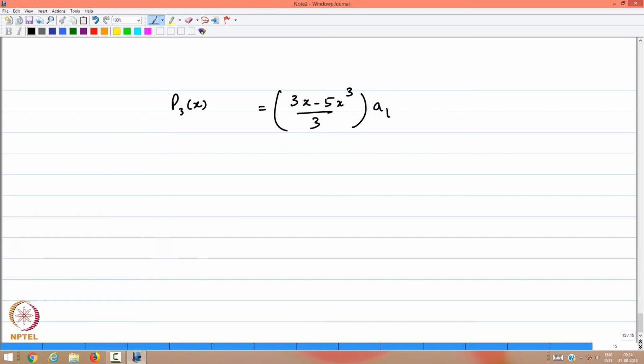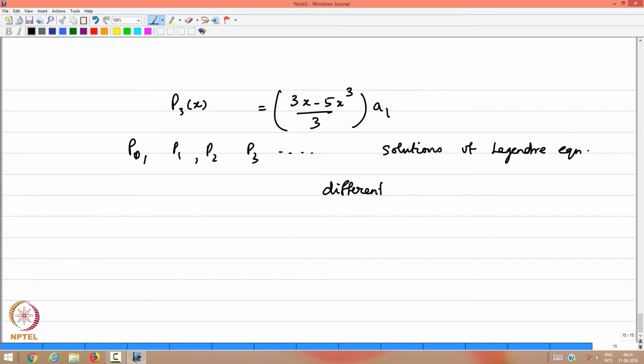Therefore, now you see that a whole series of solutions P0, P1, P2, P3, they are all solutions of the Legendre equation for different choices of L, and L is actually given by the index, the subscript, and therefore, you can see that the polynomials form an infinite set of solutions for the differential equation.